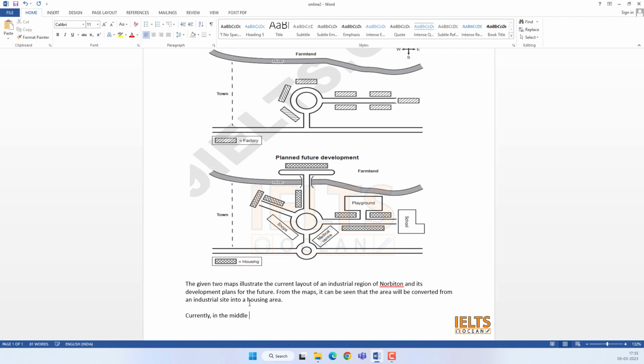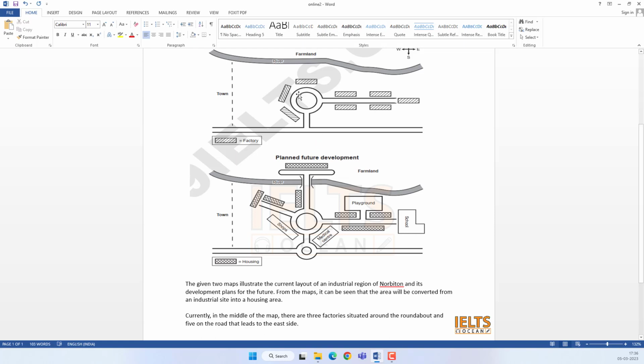In the middle of the map, there are three factories situated around the roundabout and five on the road that leads to the east side.